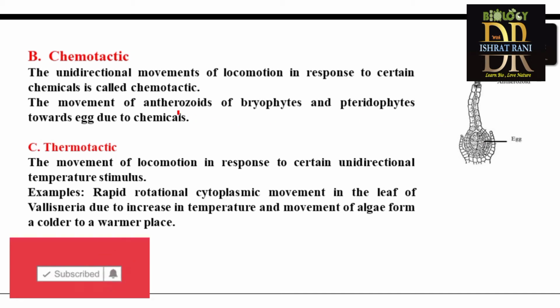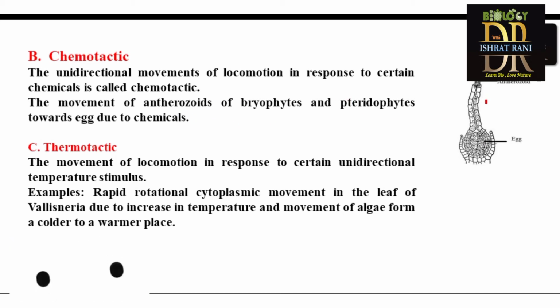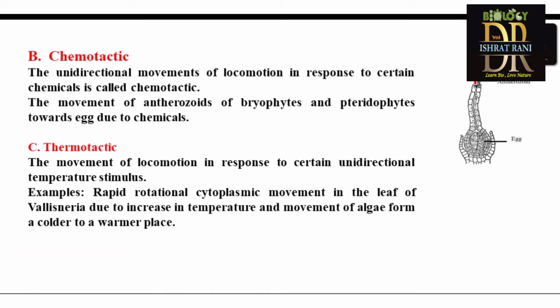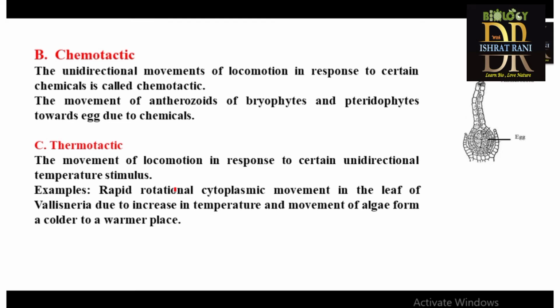That's why the antherozoids will move towards that chemical, and this is very necessary for fertilization in bryophytes. Here is another type of movement, which is thermotactic movement. It is also unidirectional, due to temperature, a movement of locomotion in response to a certain unidirectional stimulus, temperature.